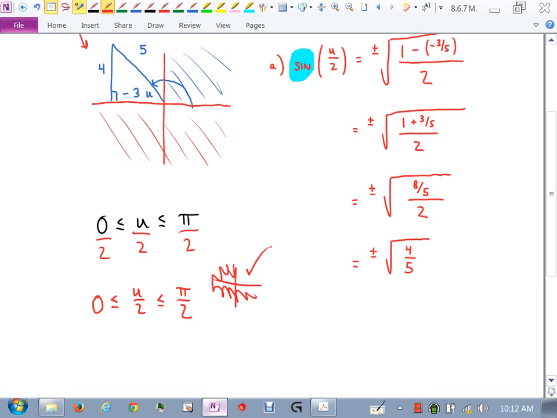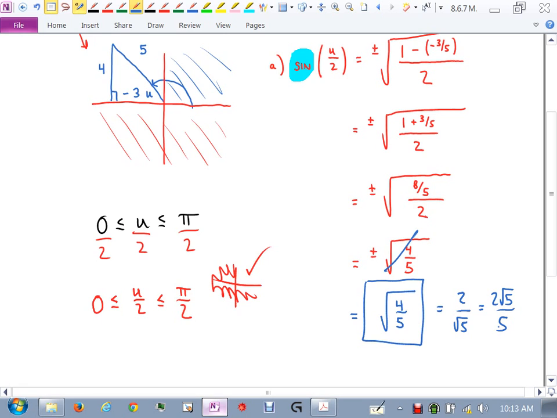What is the value of sine in quadrant 1? Positive. So now I know this for sure. It's positive root of 4/5. Yes, you could change that into 2 over root 5, and yes, you could change that into 2 root 5 over 5. All of those answers are the same.